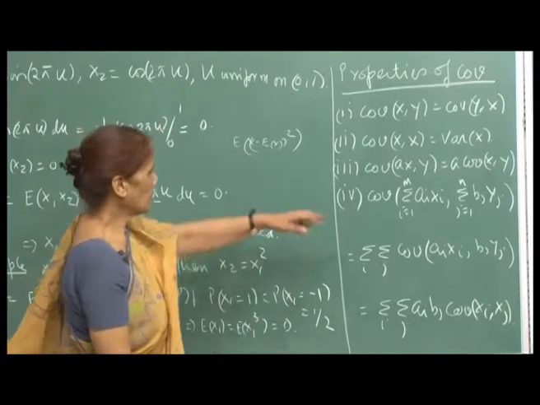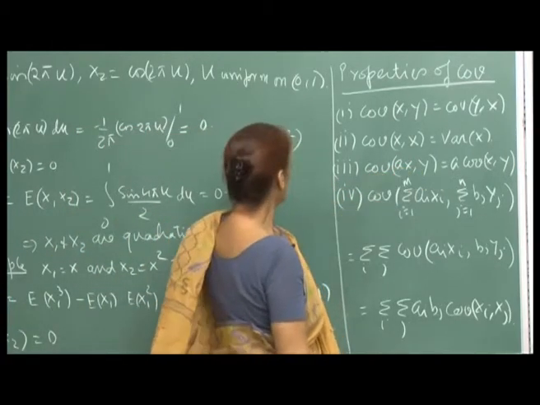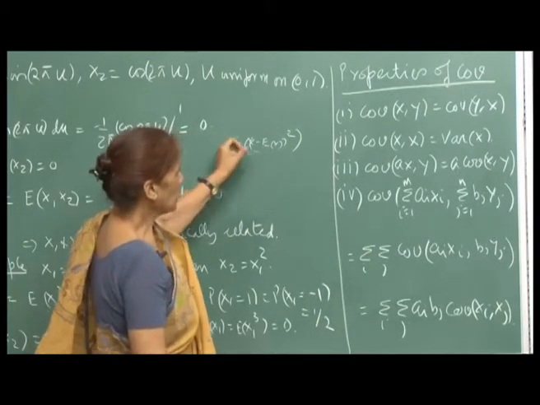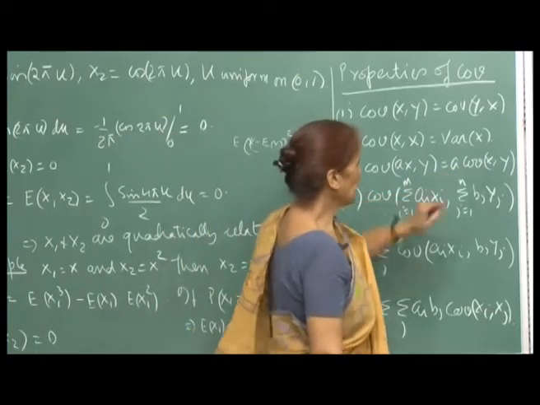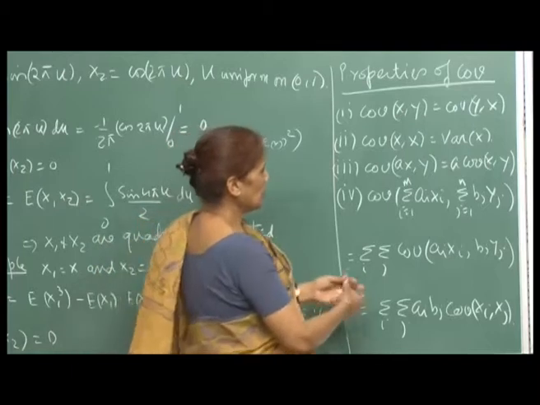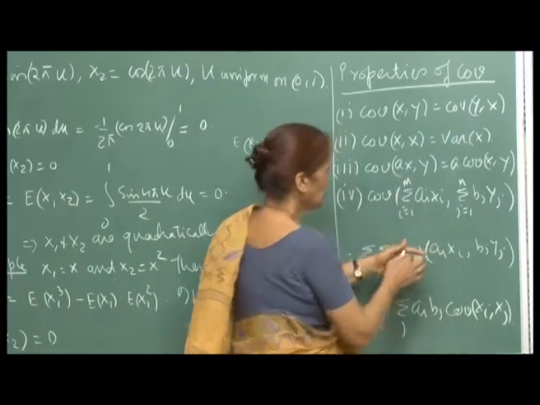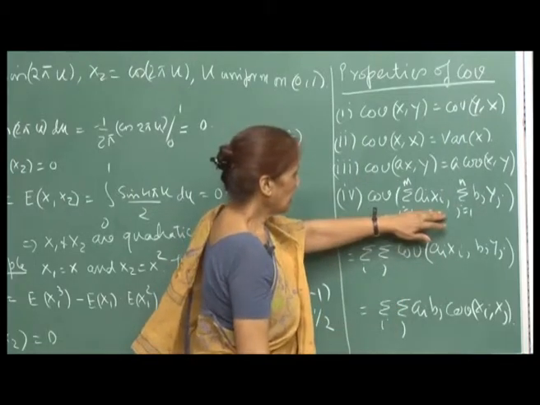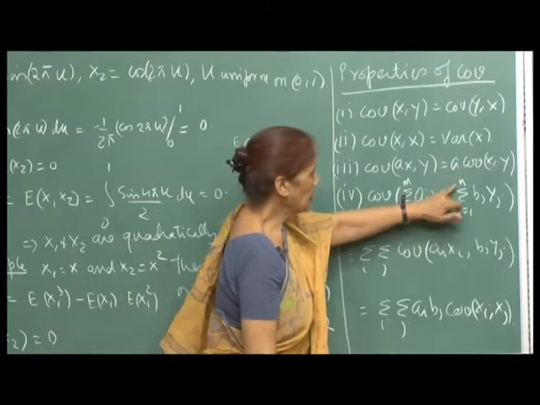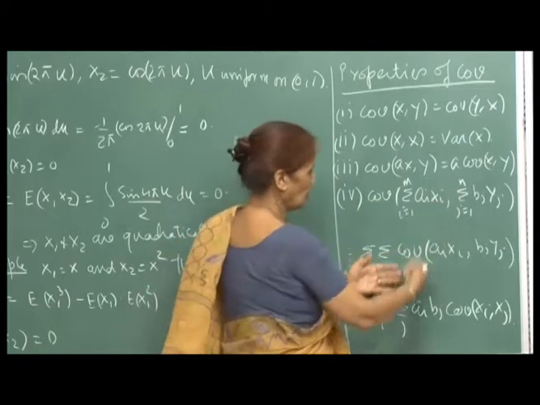And if you take covariance of A x comma y, then by definition A will be there, and you will be able to take it out, so it will be A times covariance of x, y. Then you can apply this principle in general. So, you can show that if you take the summation of A i x i, i varying from 1 to m, and the summation over j varying from 1 to n of b j y j, then you are taking all possible products here.